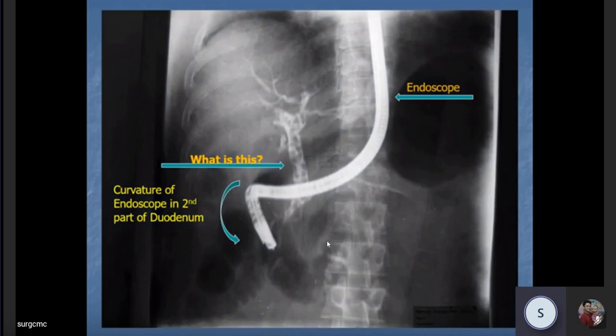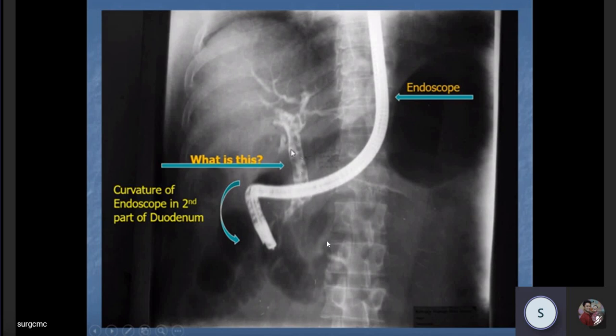So whenever you get an X-ray with a kind of curved thing coming from the top, this is nothing but an ERCP. This is the endoscope. Through here I have pushed the dye inside the CBD, and you can see the CBD is visualized.